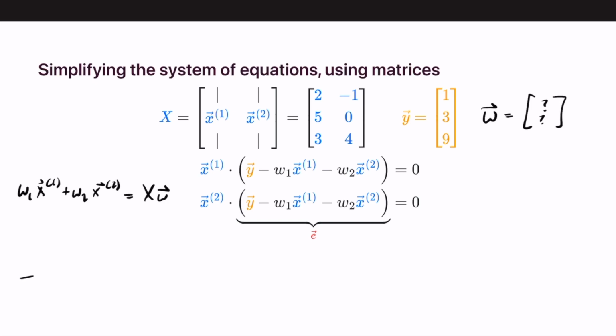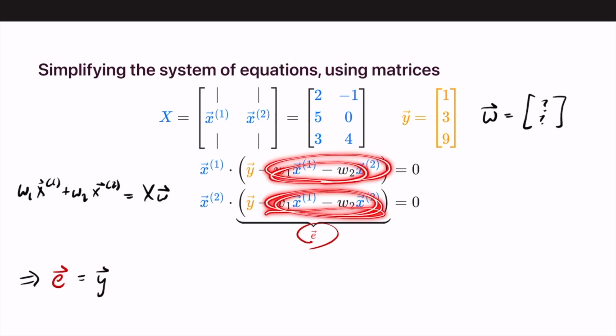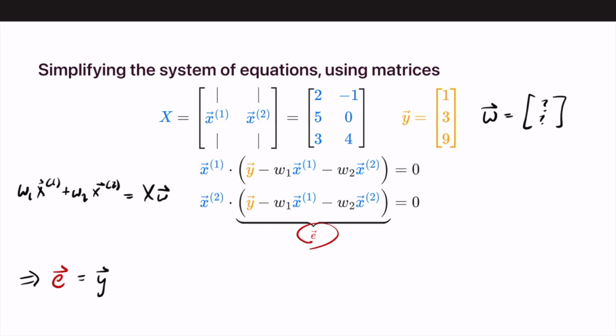So we can also go a step further and say that E right here, so the vector E is equal to the vector Y, nothing different there, but we can re-express all the stuff in here into one simplified thing. So let's go ahead and do that.